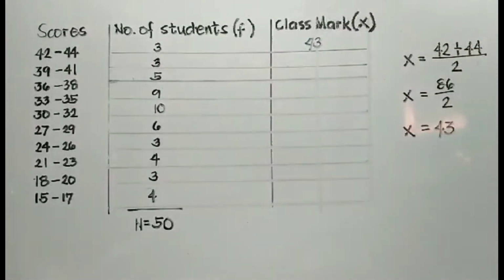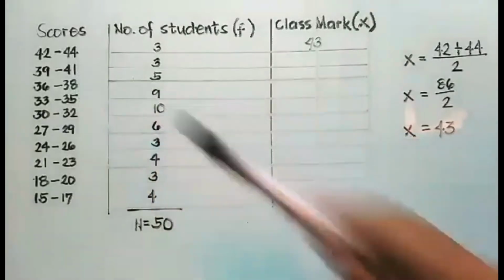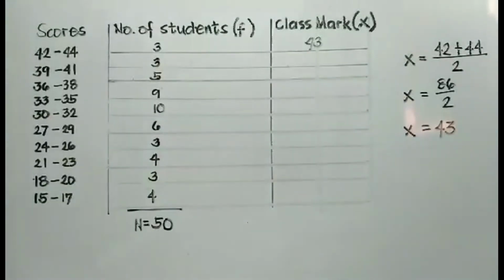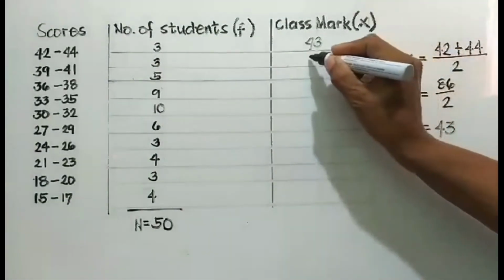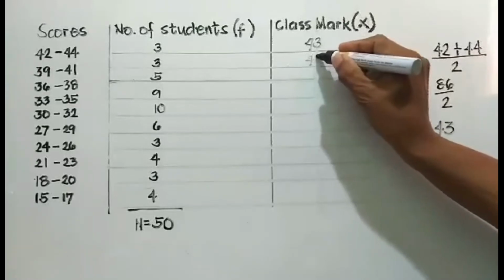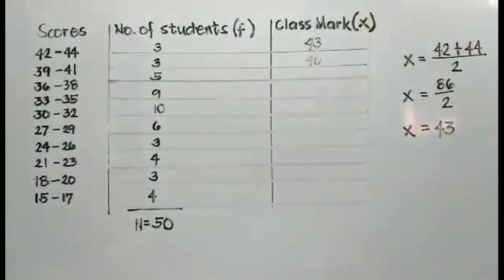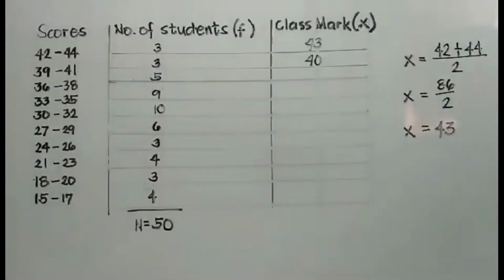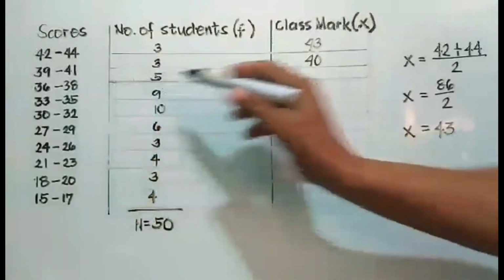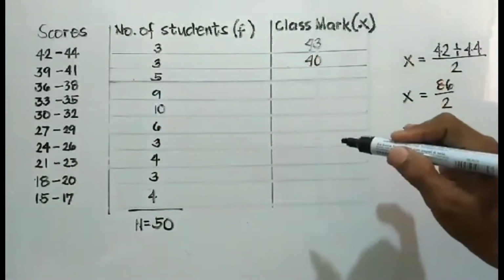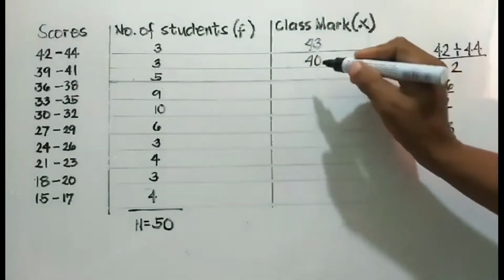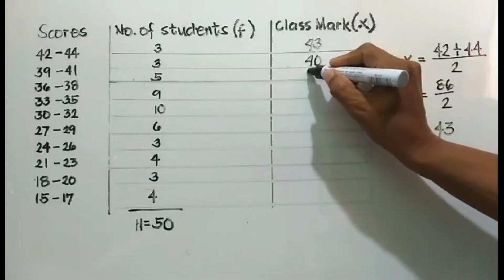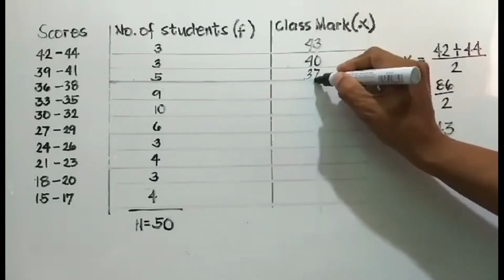Then, 39 plus 41, ilan? 80. Divided by 2, 40. Next, we have 36 plus 38 is 74. Divided by 2 is 37.